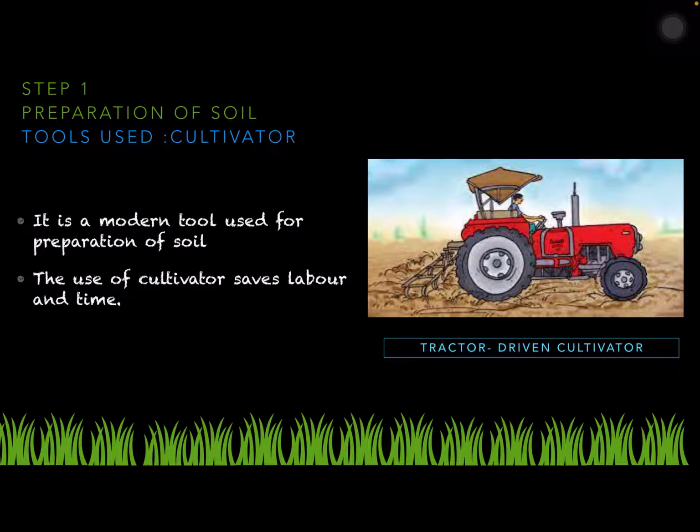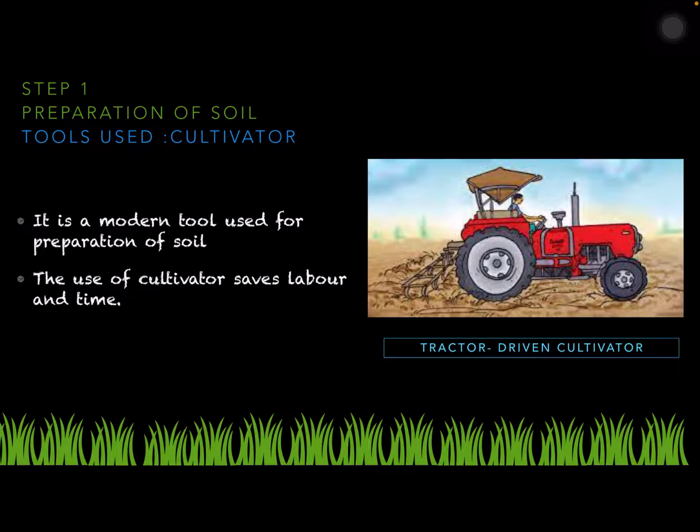So in case in the exam they come up with a question, what is the advantage of modern tools over the olden tools that were used by our ancestors? Then the first point that you can write is modern tools save labor and time.